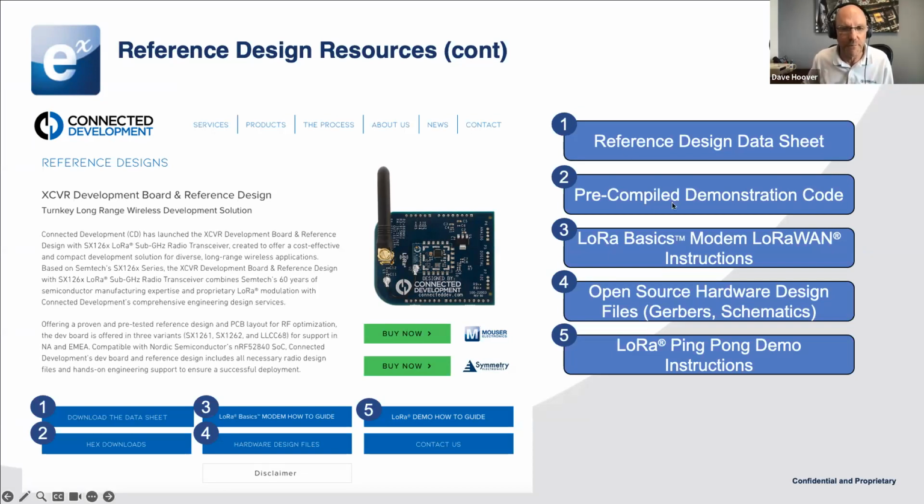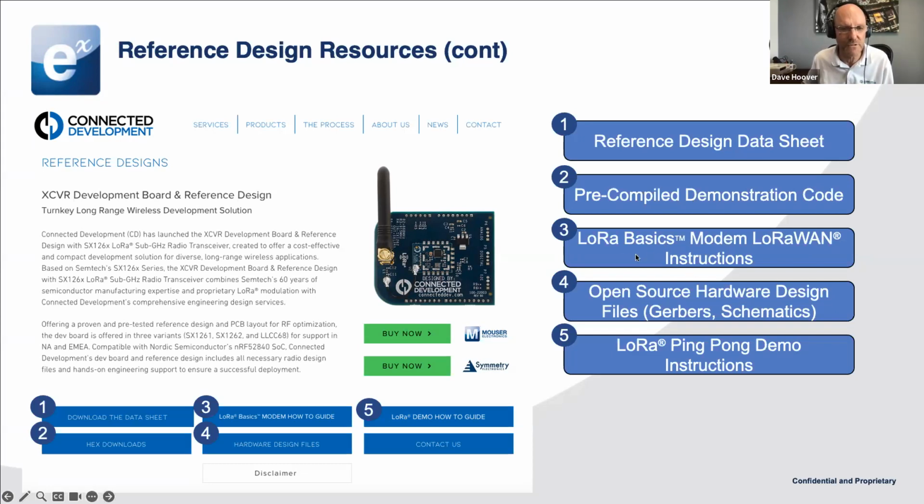This precompiled demonstration code lets you grab the actual hex file, binary files, and program them directly onto the host MCU, and you can get up and going within 5 minutes. So it's kind of a bypass to having to compile things on your own if you don't want to go that path.